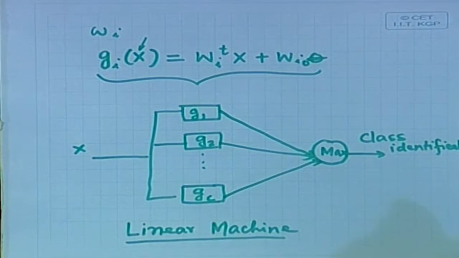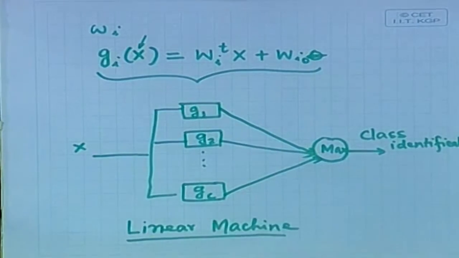We have seen earlier that following Bayes decision theory, if I know the parametric form of the probability density functions of the samples belonging to different classes, then following Bayes minimum error rate classification or minimum risk classification, we can obtain the discriminant functions for the different classes. There we discussed the situations when the discriminant function can be linear, or when it will be quadratic.